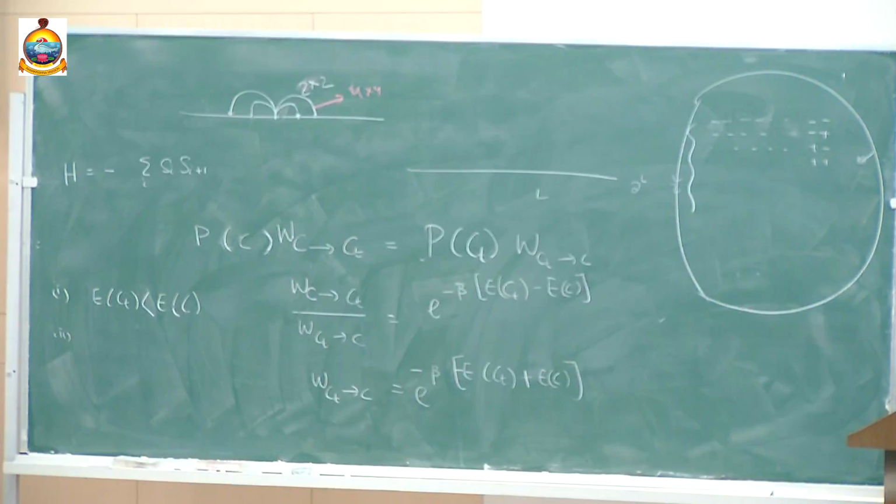In that case, everything will go to the stationary state, the equilibrium state. If you have a Hamiltonian, you know where to approach.